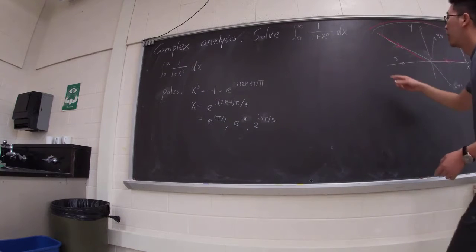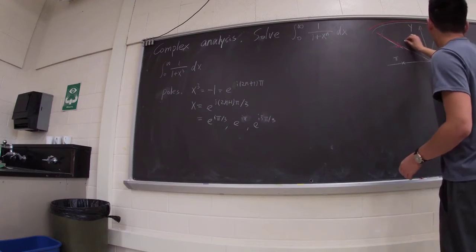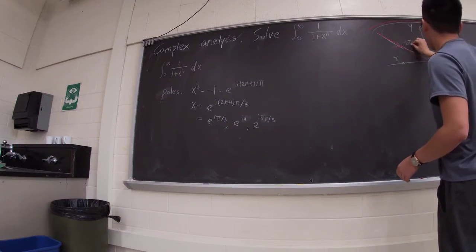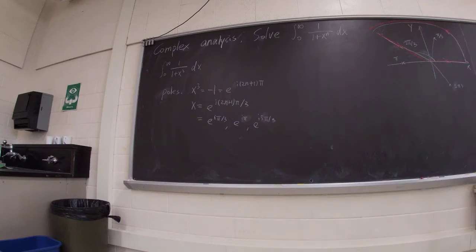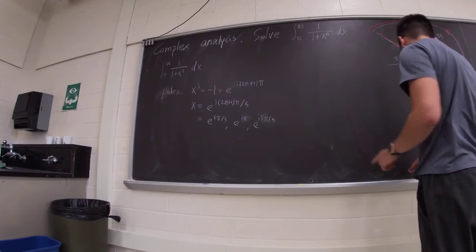It's a generalized way. This is 3n, this is 2 pi over 3, which almost always works. And it always works for integer n.